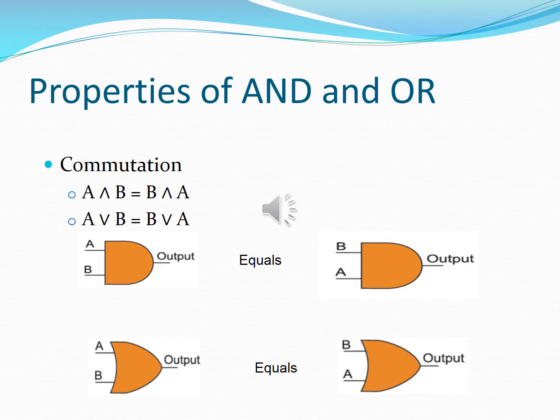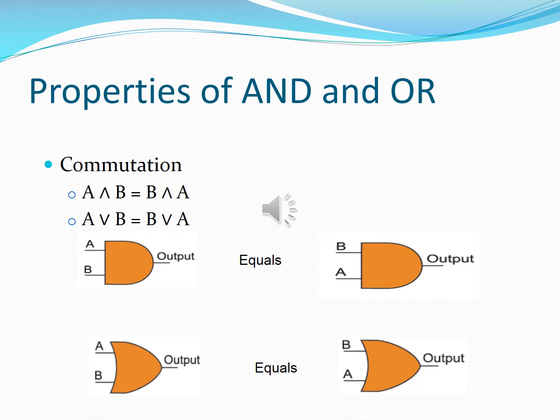When it applies to the AND operation, we say A and B equals B and A. That means here in the commutation operation, A and B exchange places.